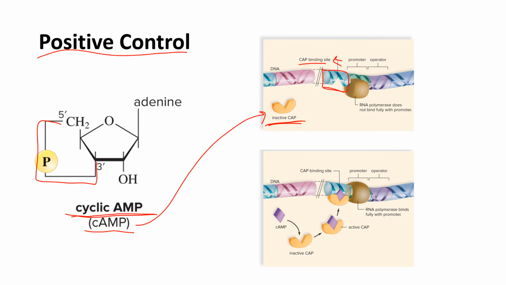Then the CAP protein binds to the CAP binding site, and when it does that, it bends the DNA in a way that helps the RNA polymerase bind. So having an active CAP protein will promote transcription because it helps the RNA polymerase fully bind to the promoter, and once it's bound to the promoter, then it can transcribe the genes.